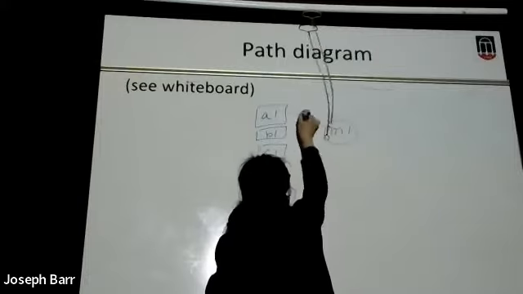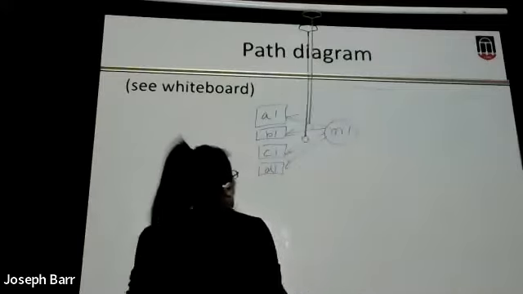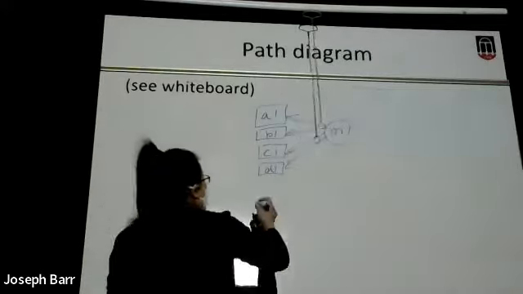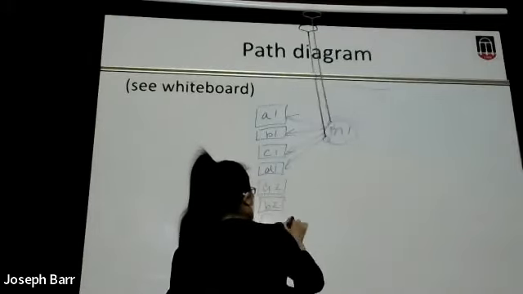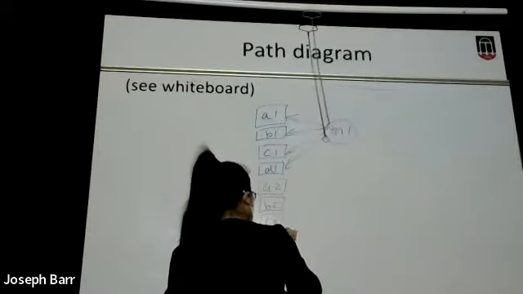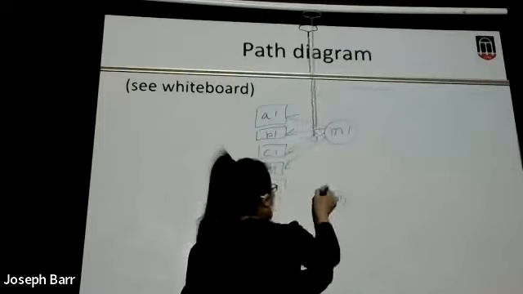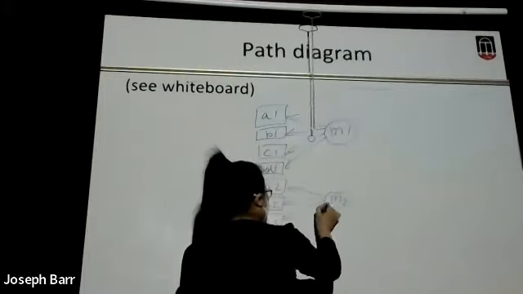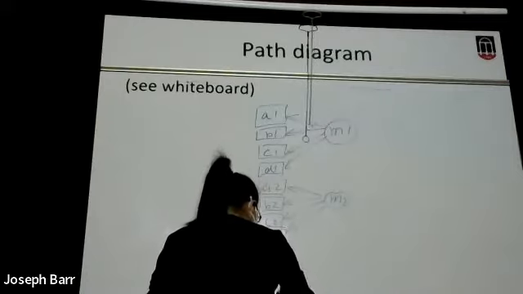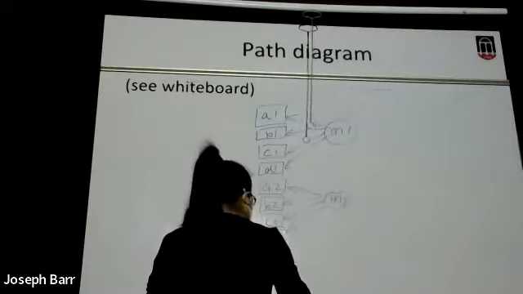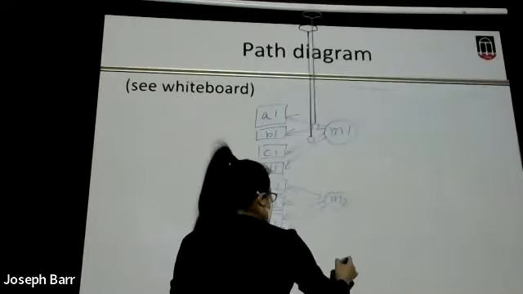Method 1 influences these 4 observations. And we have A2, B2, C2, D2. This is method 2, influencing these 4 outcomes. And we have A3, B3, C3, D3. So method 3.